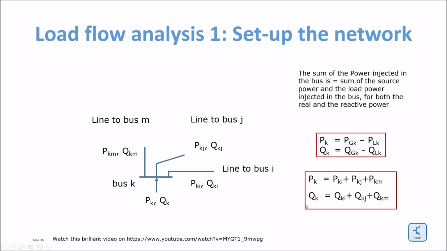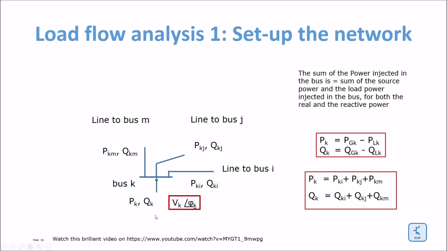The same applies also for the reactive power. The reactive power injected in bus number K is equal to the sum of the reactive power flowing to the lines, which is Qki, this one, plus Qkj, this one, and Qkm, this one.